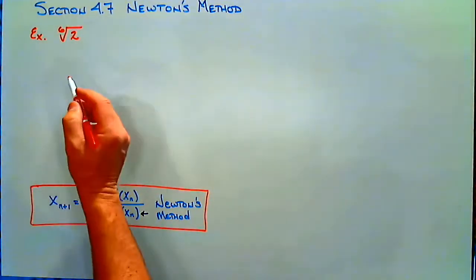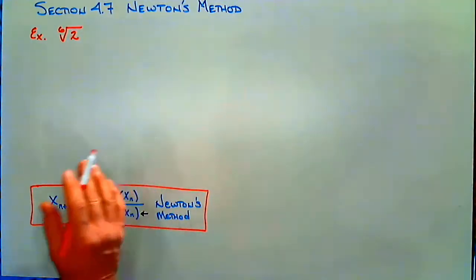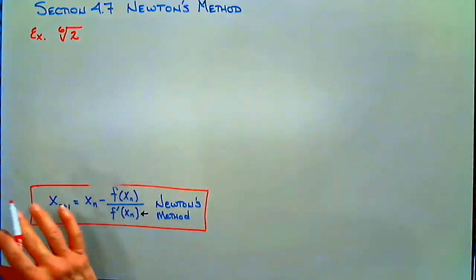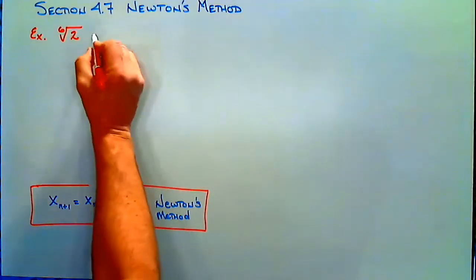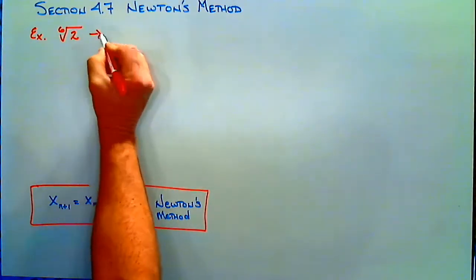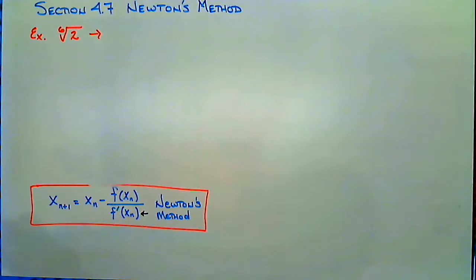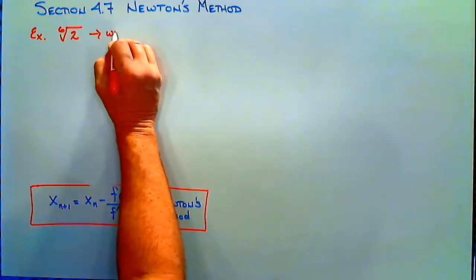Well, we need an equation, right? Newton's method says I'm going to find zeros, roots, x-intercepts of an equation. So we have to start pulling this apart, right? We have to ask ourselves, what is this the solution of?